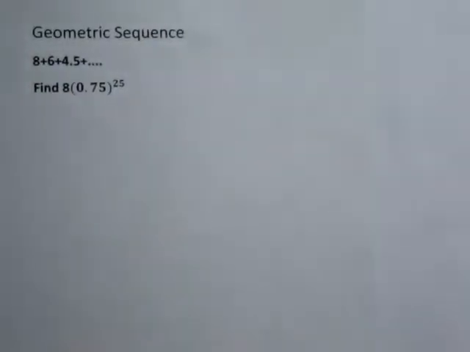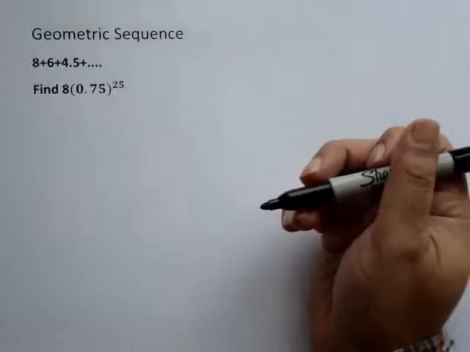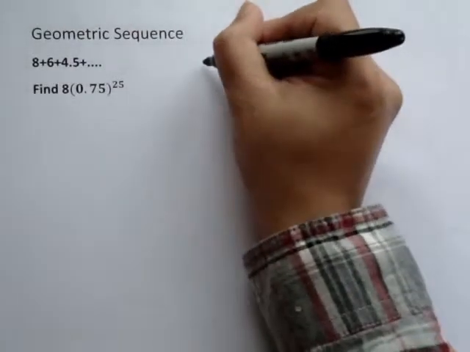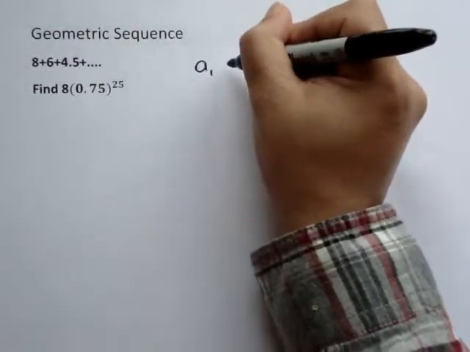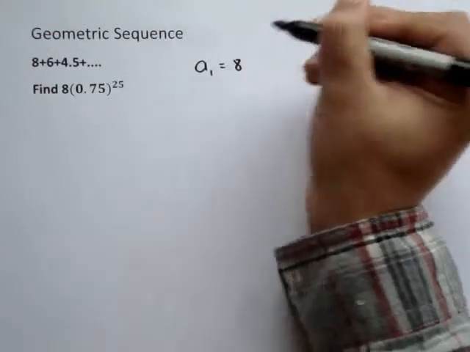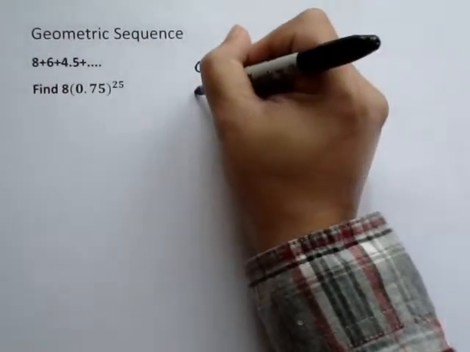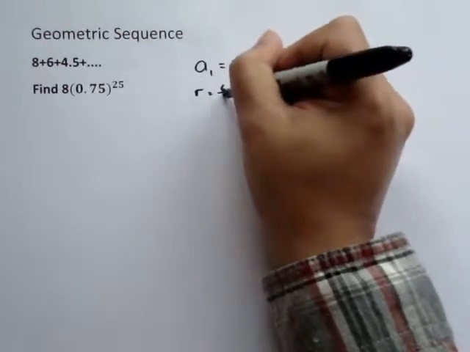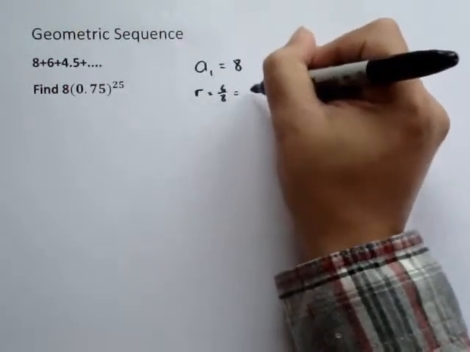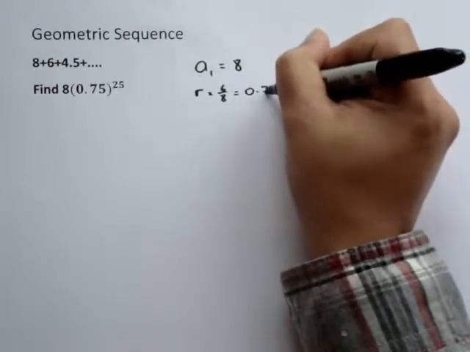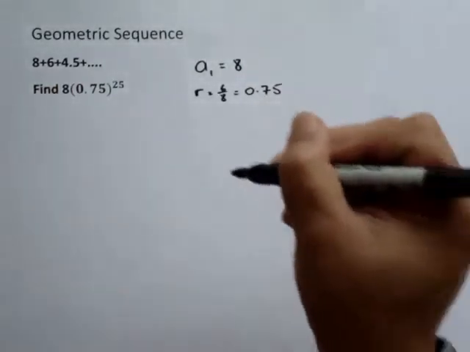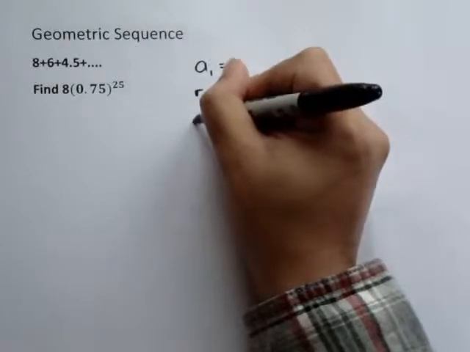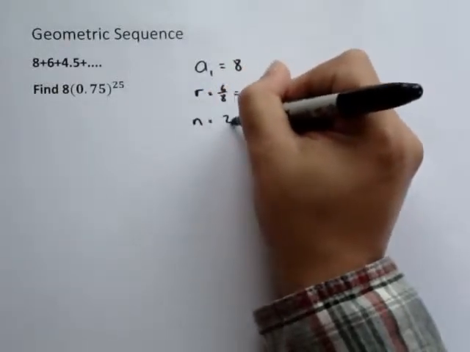Another similar question, geometric sequence, find the sum to the 26th term. So first of all we need the first term, which is a sub 1, which is 8. The common ratio, which is 6 divided by 8, which is 0.75, and then the term we want up to is the 26th term.